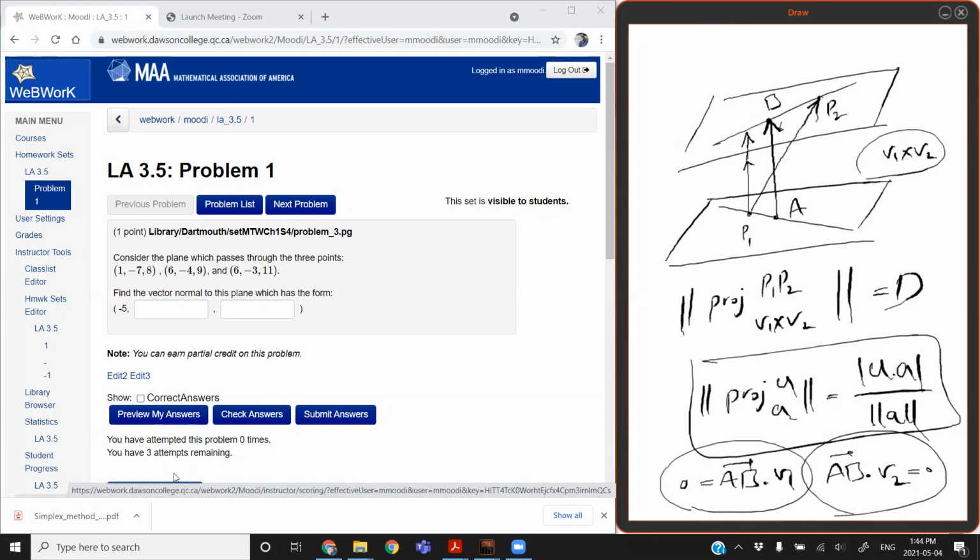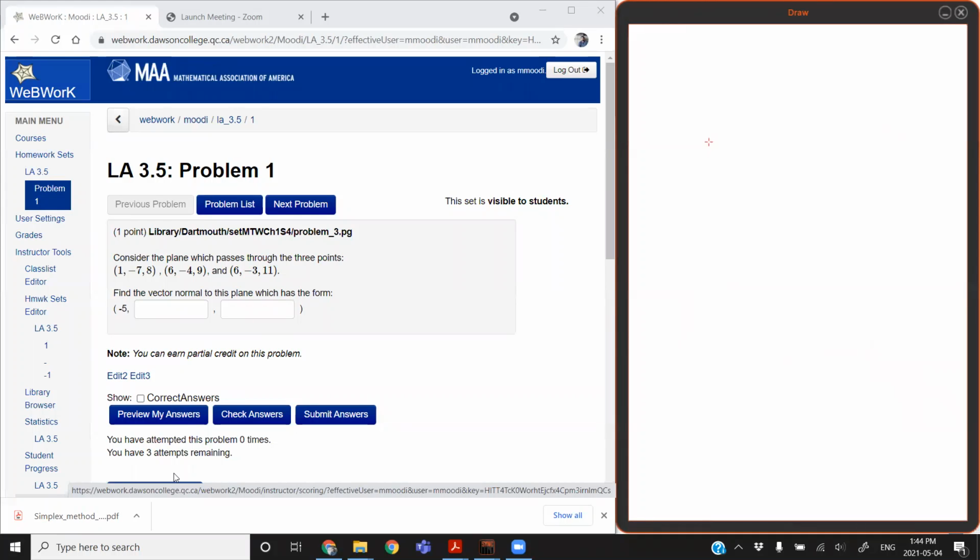Okay, let me explain this. You have 3 points, let's say P1, P2, P3. And these 3 points determine a plane. So imagine you have the vector P1P2 and the vector P1P3, which you can calculate using terminal minus initial.